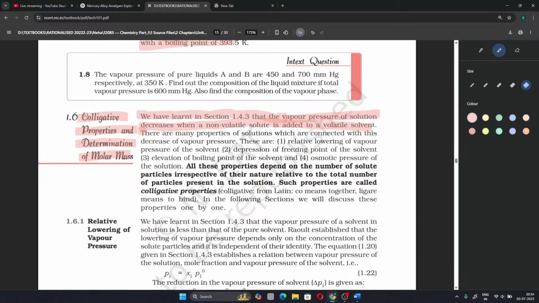There may be many properties of solutions which are connected with this decrease of vapor pressure. These are relative lowering of vapor pressure of the solvent, depression of freezing point of the solvent, elevation of boiling point of the solvent, and osmotic pressure of the solution.